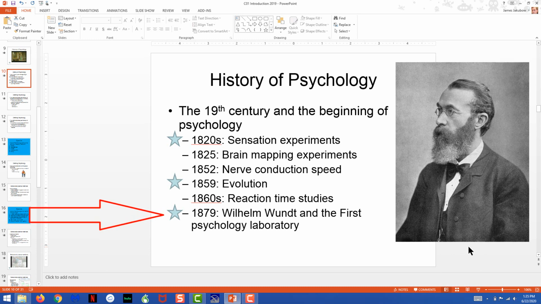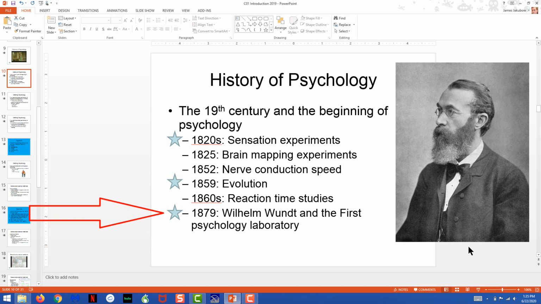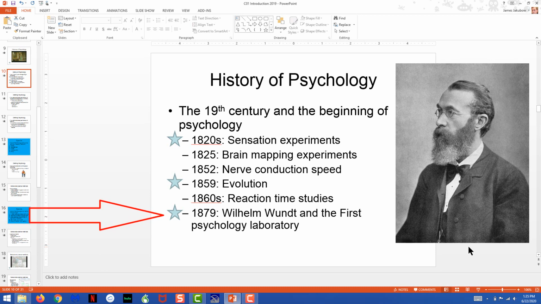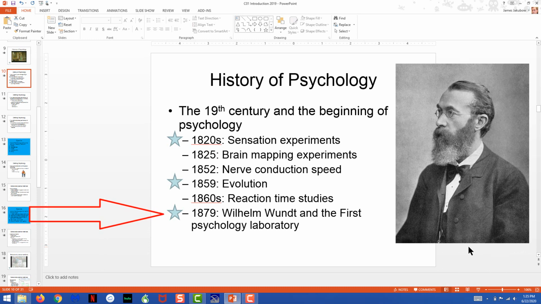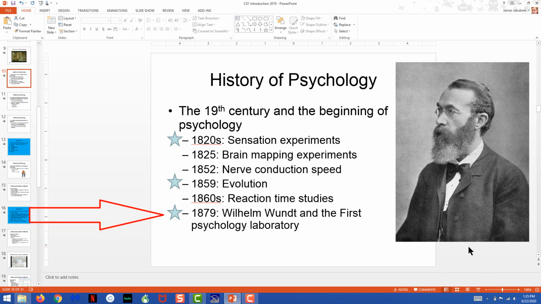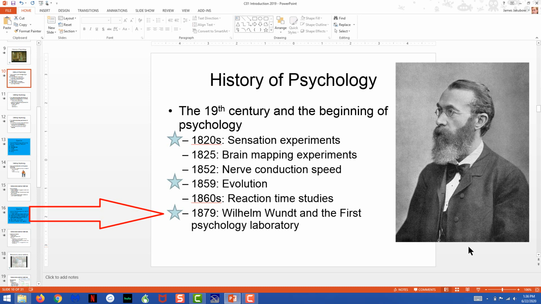Rather than being purely philosophical about it, he wanted to set up experiments to evaluate why people act the way they do and why they think the things that they do. That largely becomes the very first psychology laboratory. It is the mixture of scientific biology with philosophy, because a man with a PhD in biology who wound up with a job in a philosophy department simply didn't want to do traditional philosophy.